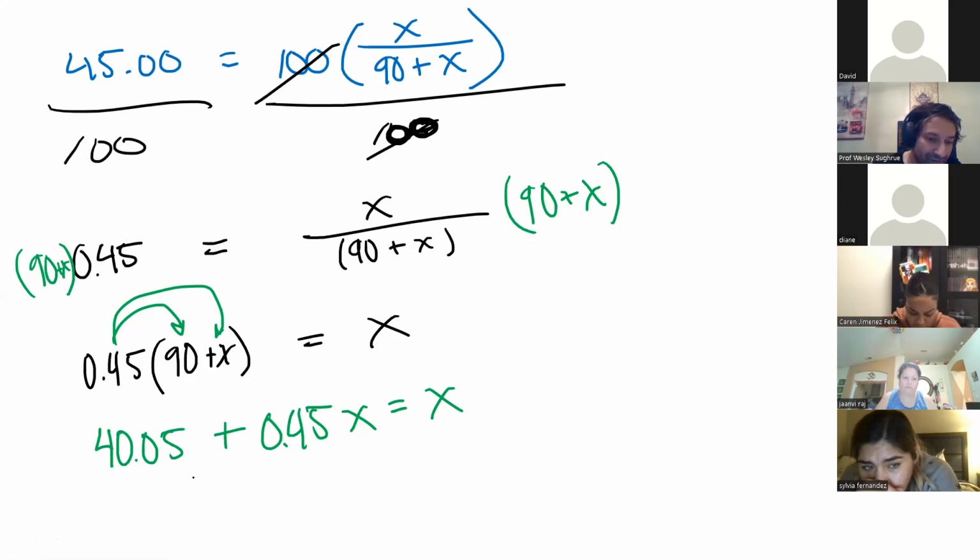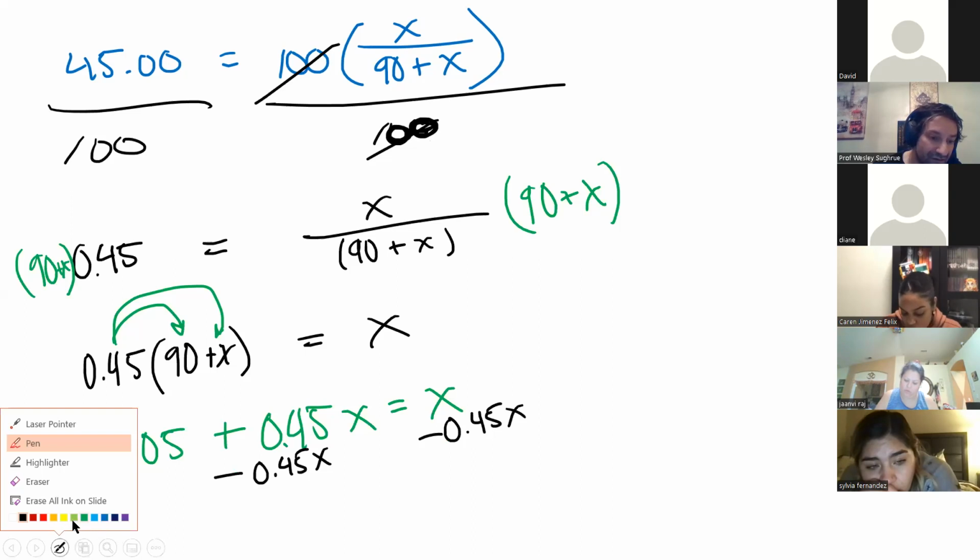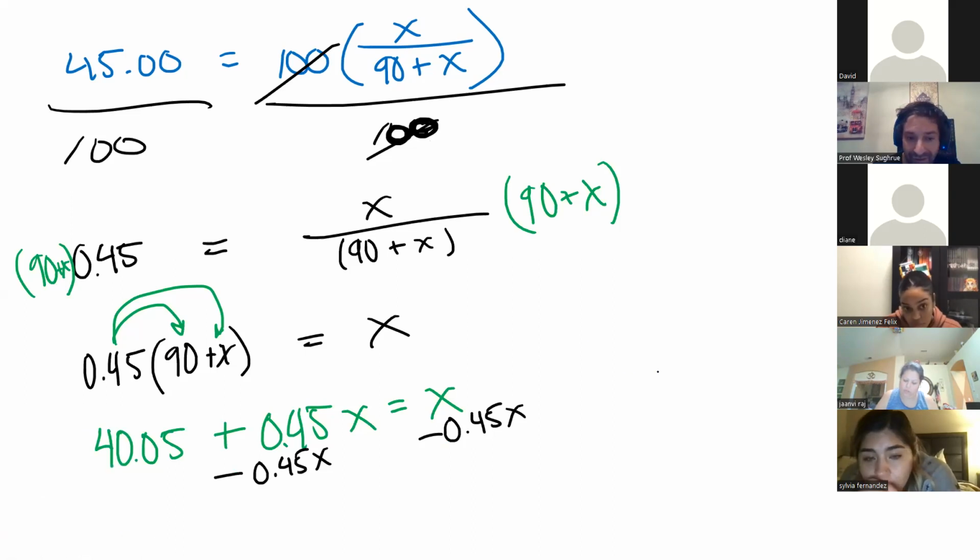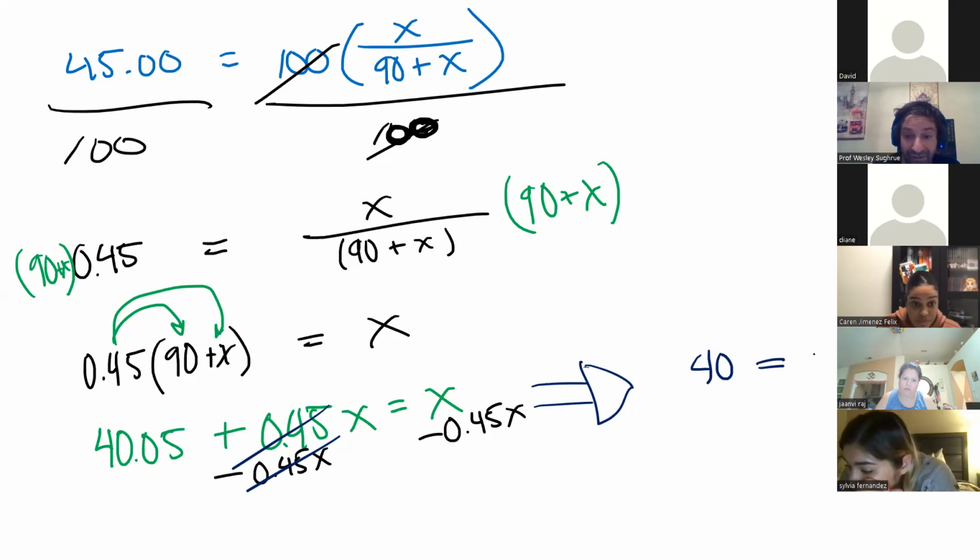Then you come back and go minus 0.45x, because the next step of what we're trying to do is get both x's together. You subtract it from both sides. So from here, this cancels, and you then end up with 40 something, approximately 40, is equal to 0.55x.